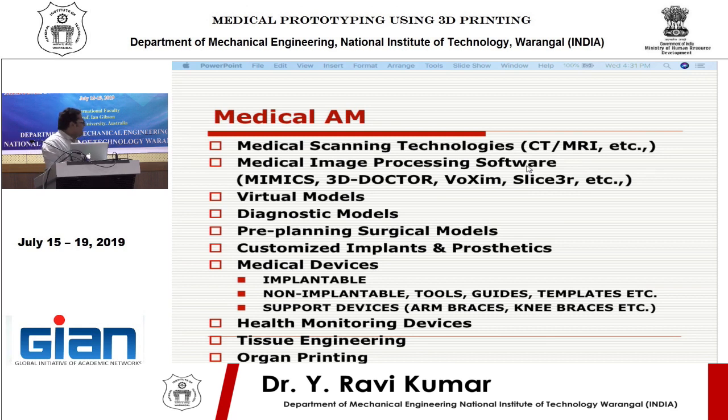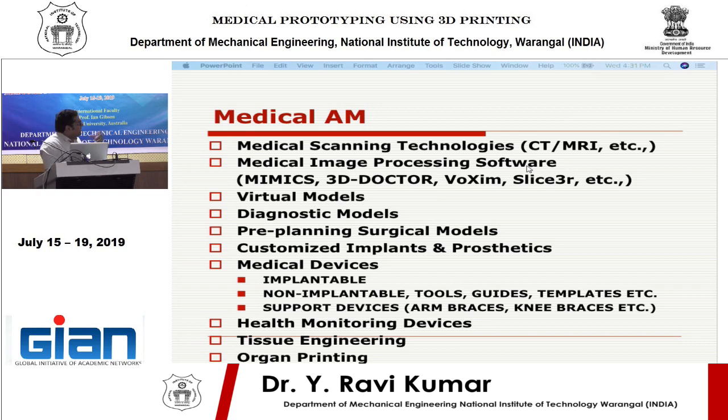So it can be implantable, and sometimes it need not be implantable. You may be using tools, guides, templates or splints. It's basically a tool which is assisting or guiding the surgeon to perform some surgery, right? Those are non-implantable.